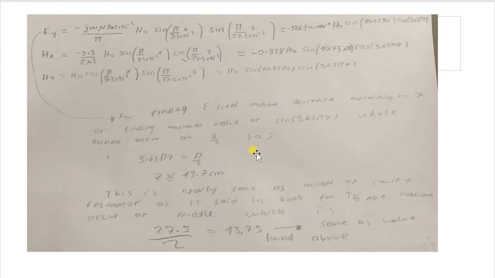According to that, I have to put my antenna at 13.7 centimeters, which is nearly the middle of my cavity resonator. So I have proved the antenna location.